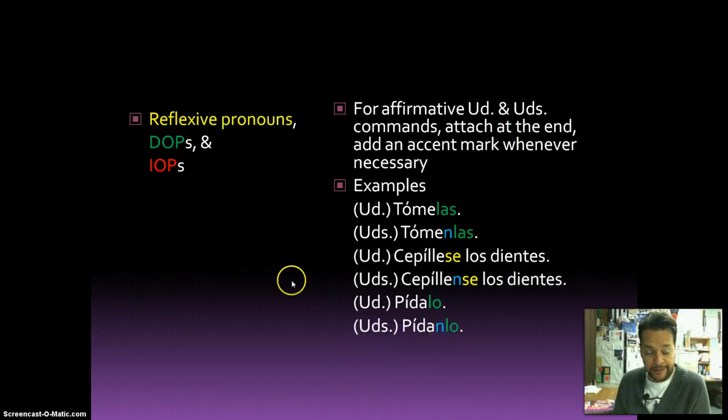And then let's talk about the pronouns, whether they're from a reflexive verb. You know, the se part is a pronoun. DOPs, IOPs. Now, if your command for usted and ustedes is affirmative, you're telling usted and ustedes what to do, you're going to attach these at the end like a Lego block, and then an accent mark goes when it's necessary.